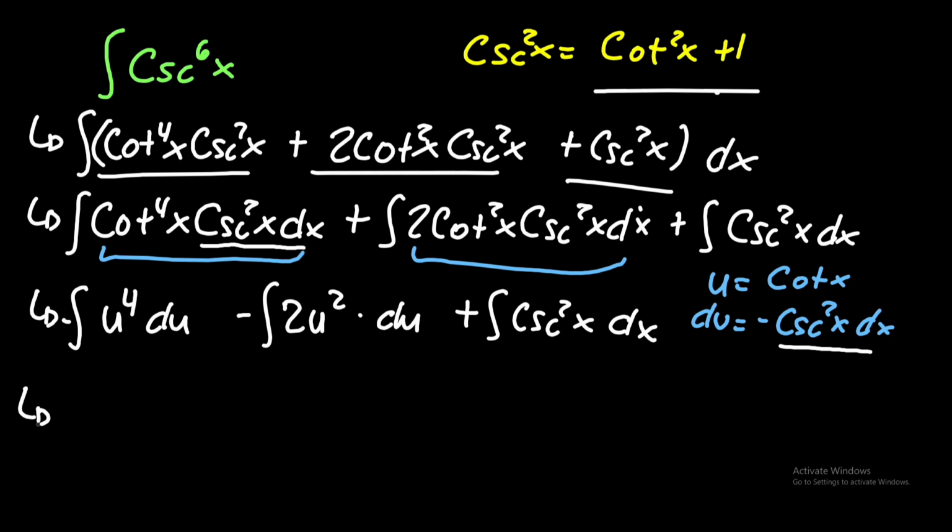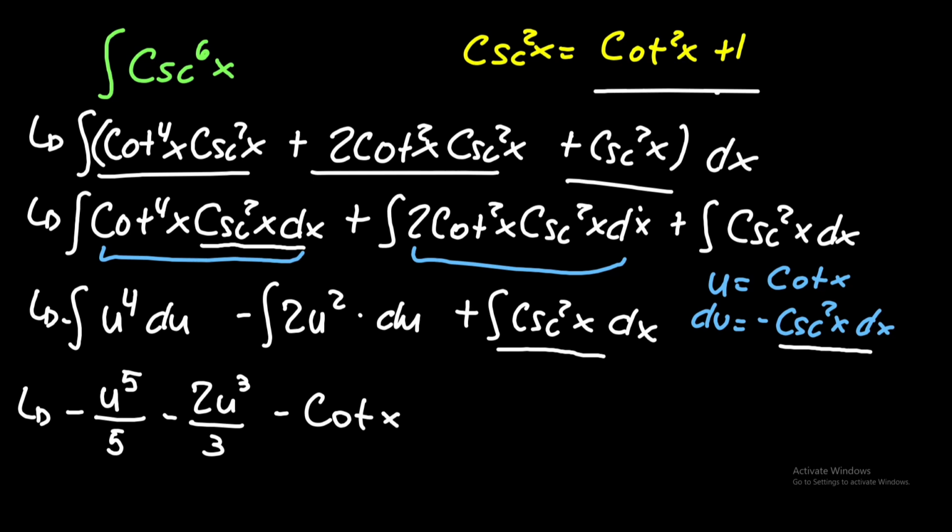The integral of u to the power of 4 would be equal to u to the power of 5 over 5. The integral of 2u squared would be equal to 2u to the power of 3 over 3. And the integral of cosecant squared of x would be equal to negative cotangent of x plus c.